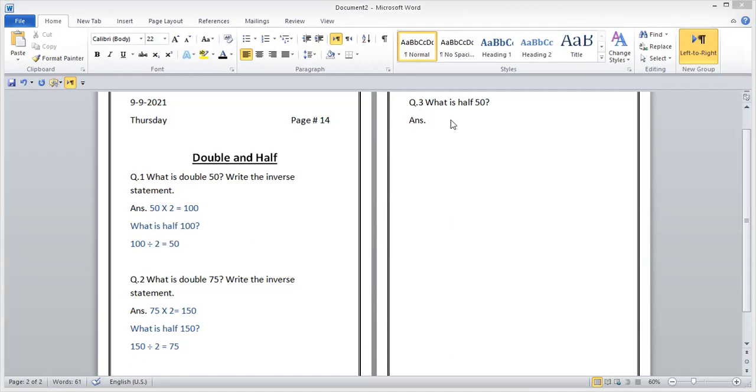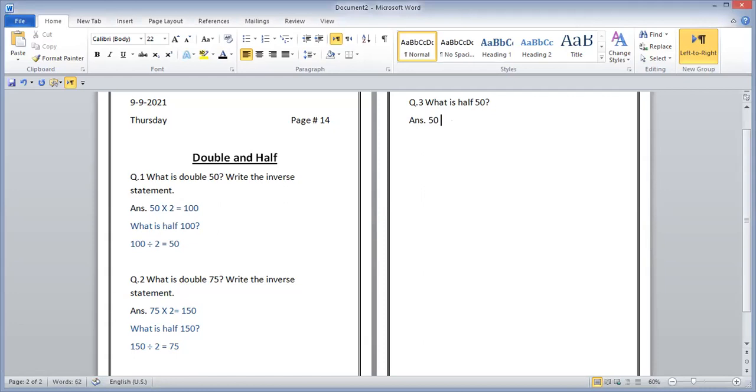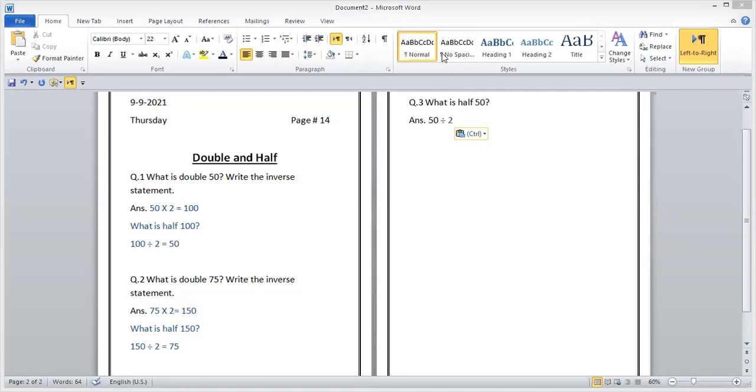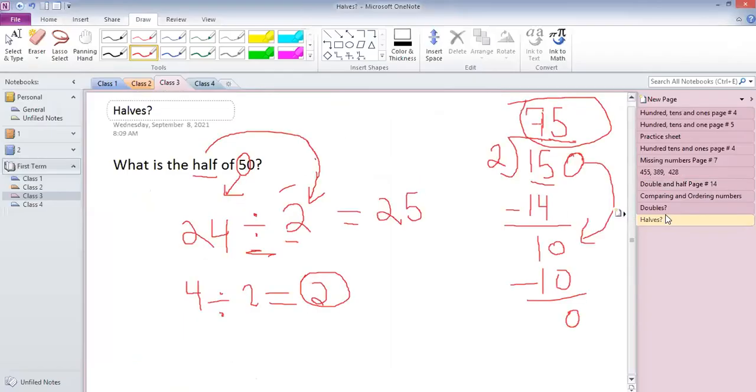In order to find out half of 50, we will divide 50 by 2. When you divide 50 by 2, you will get the answer. Look here, guys, I show you how to divide. You need to divide only 50, right?